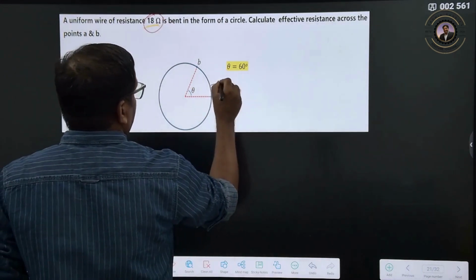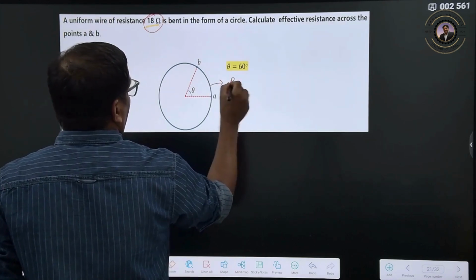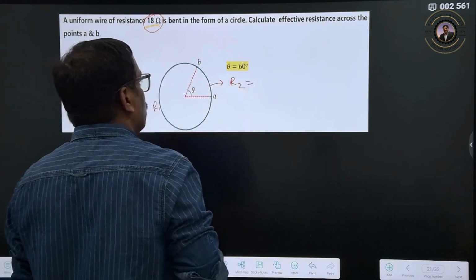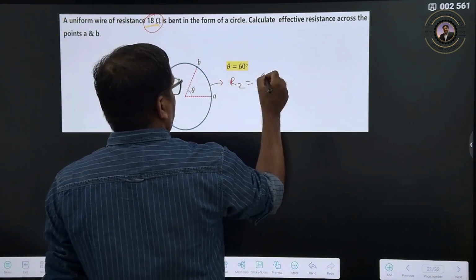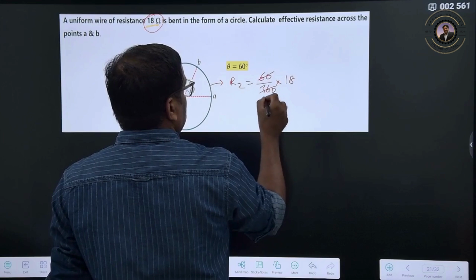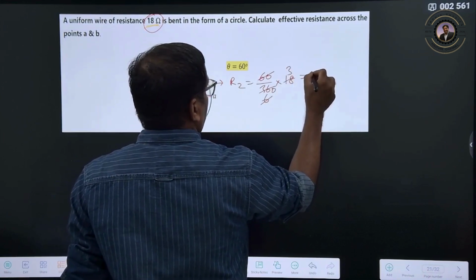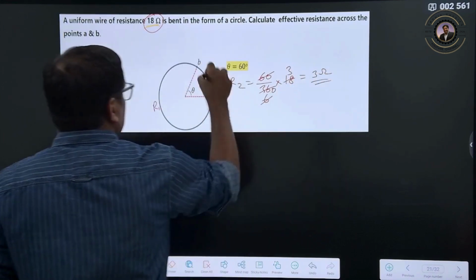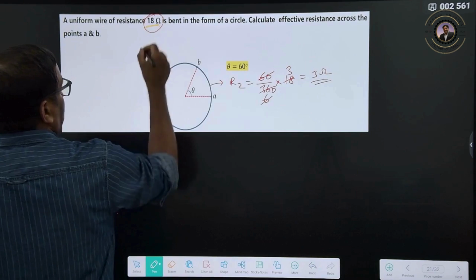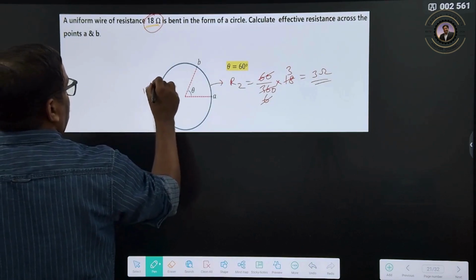Suppose this is R2 and this is R1. R2 is theta by 360, so 60 by 360 into 18 ohms, which is 3 ohms for this part. Compulsorily the other part is 18 minus 3, therefore 15 ohms.